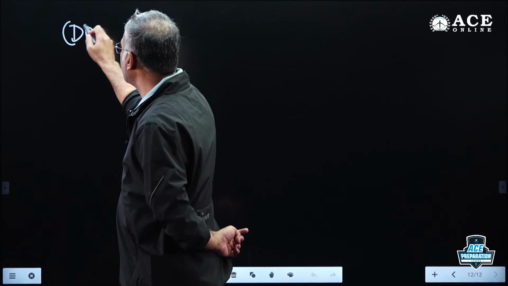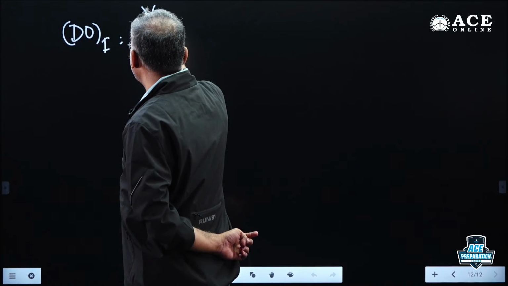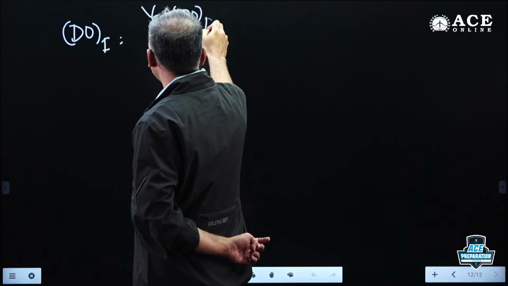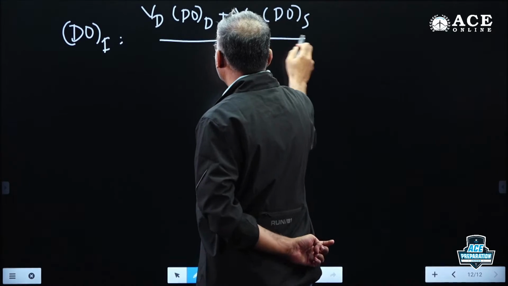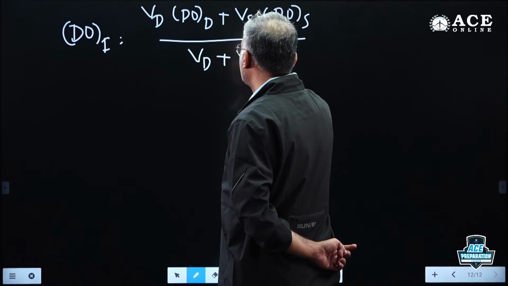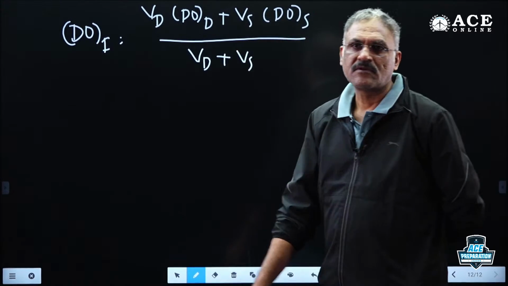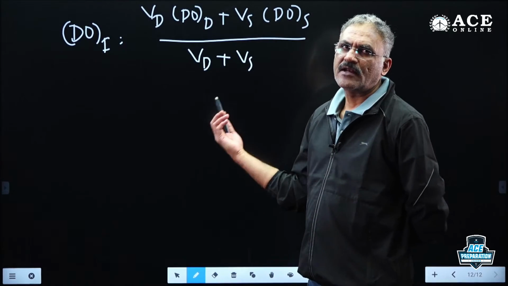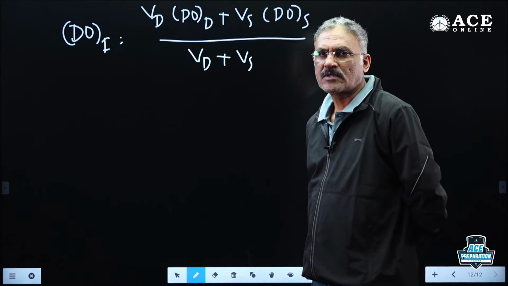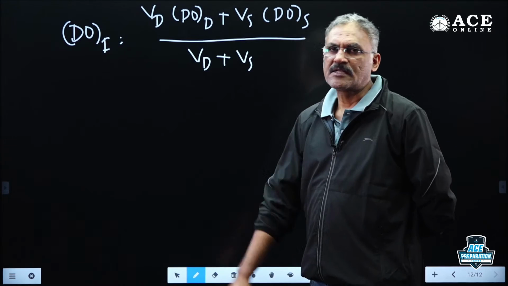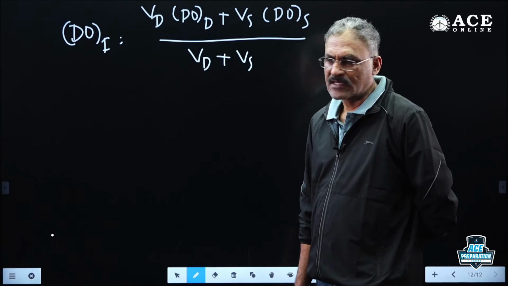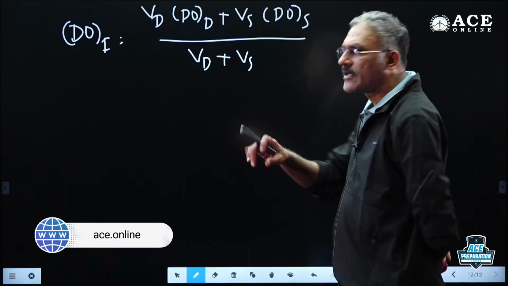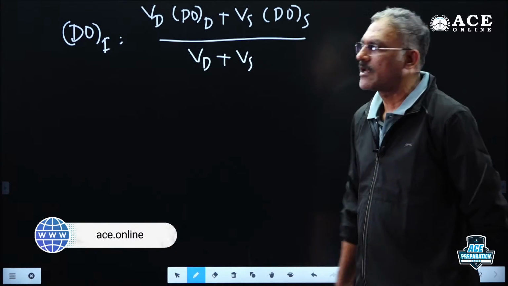So DO initial is equal to, for the two different samples, Vd into DOd plus Vs into DOs, using the mixed formula, divided by Vd plus Vs. DO final he has to give. So knowing the initial DO and the final DO, we can find out what amount of oxygen the microorganisms utilize in those 5 days at a temperature of 20 degrees Celsius. This is linked to numericals, and the mathematical model also sometimes.